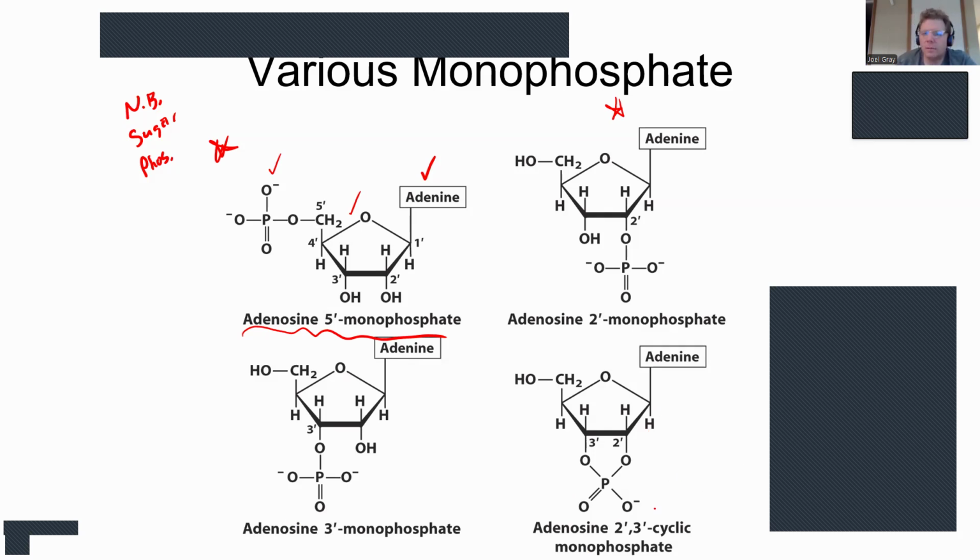With that in mind, this one in the lower right-hand corner is an example of a cyclic adenosine monophosphate, or cAMP. Sometimes you learn about cAMP as a secondary messenger, so being involved in signaling, like a cell perceives caffeine or nicotine or something like that. Well, that nicotine isn't going to cross the membrane, but rather it's going to stimulate some sort of response.